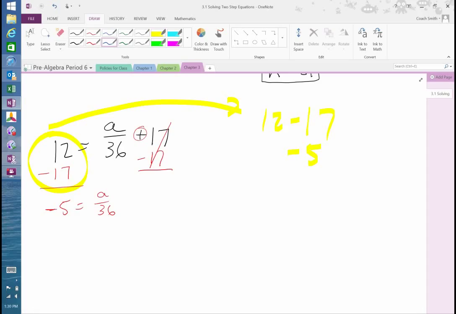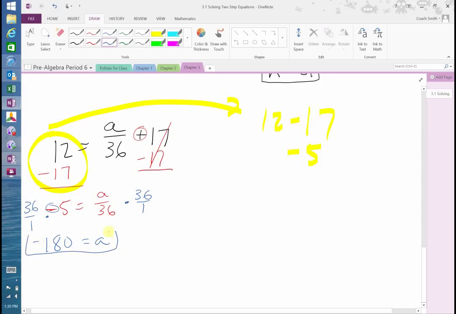So now I have a over 36, or 36 divided into a, is going to give me negative 5. So I'm going to divide 36 into some number, and it's going to give me negative 5. So I have to multiply both sides by 36. Five times 36 is 180. I have one negative sign, so it's negative 180.